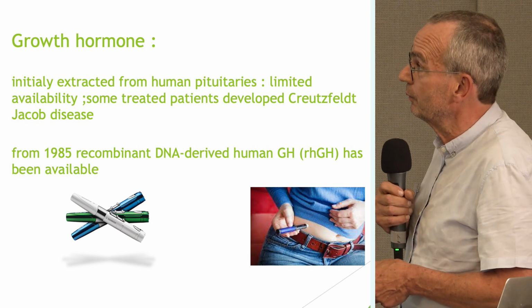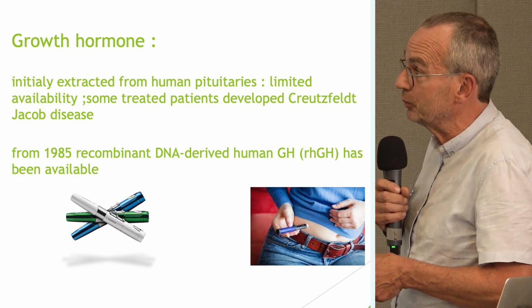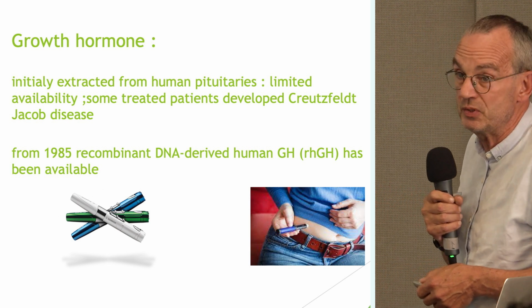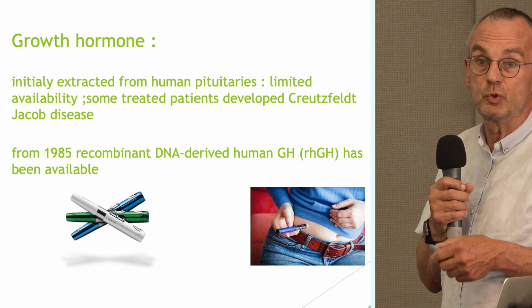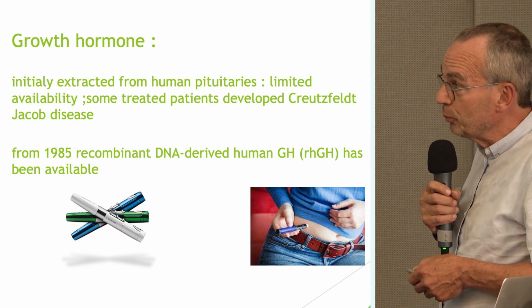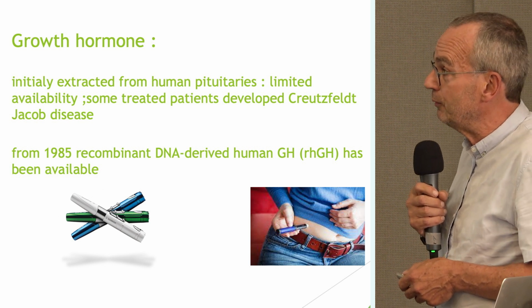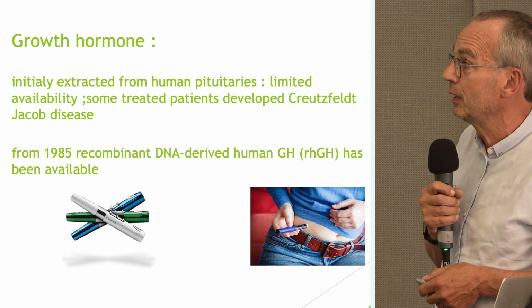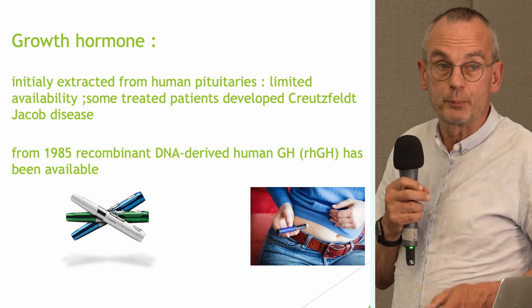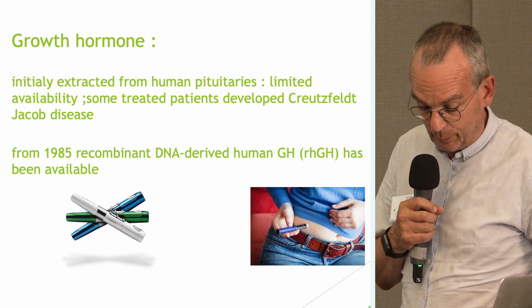Some patients treated with human pituitary growth hormone developed later on Creutzfeldt-Jakob disease, and this was a reason to withdraw this product from the market. Luckily, almost at the same time, in 1985, recombinant DNA-derived human growth hormone became available, so there were no more problems with availability of the product.